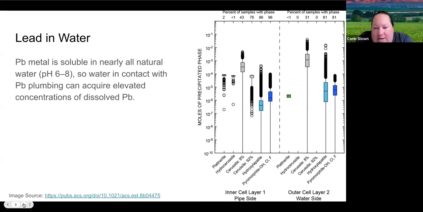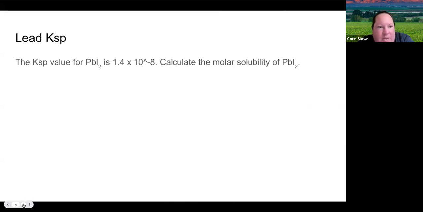And interestingly, there are different sides of the pipe in terms of contact. So this is a good example of the range and variation that is common to see in terms of lead ions that co-occur with other types of ions. But I show you this just so that we have a ground reference point of just how much variation there can be. So let's talk about some of the factors that actually influence the solubility of lead in water.